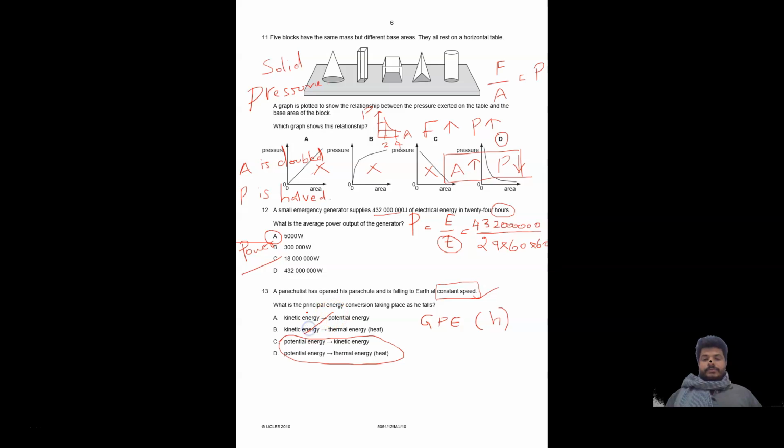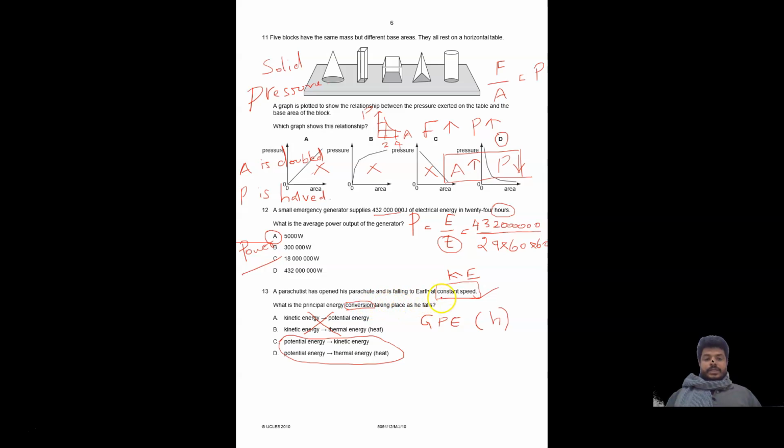These two options, initially it is wrong because the initial energy is not kinetic. Even though he is falling, the initial energy must be gravitational potential energy being converted to other forms of energy. Since the speed is constant, the kinetic energy is constant, not changing. Here they ask the conversion taking place.